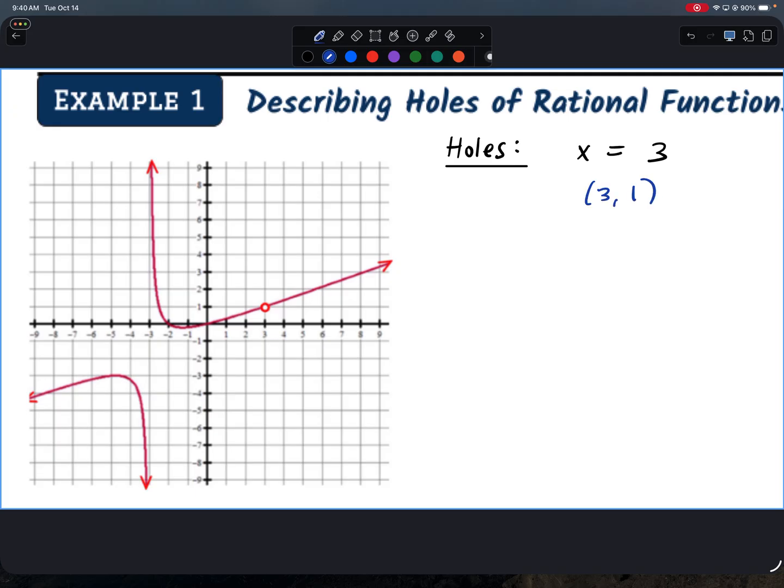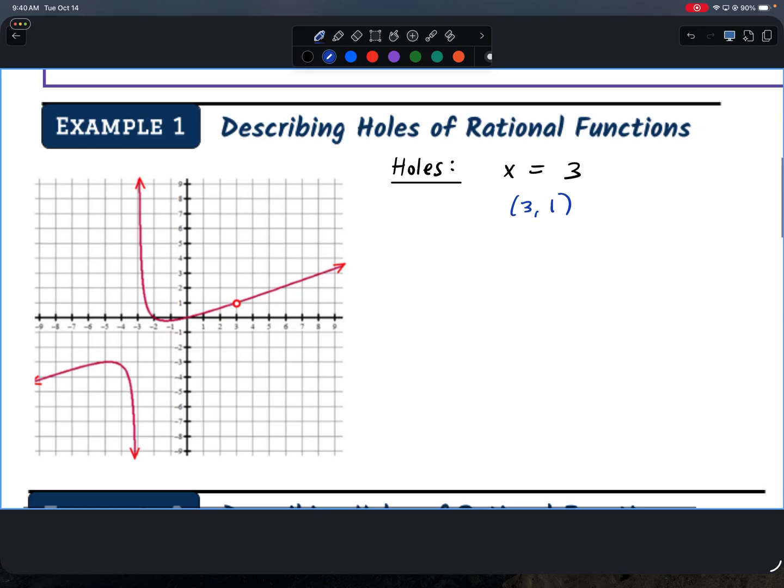Okay? So just like we did for asymptotes, we can also use limits to describe holes. So using limit notation, this is how we're going to do it.